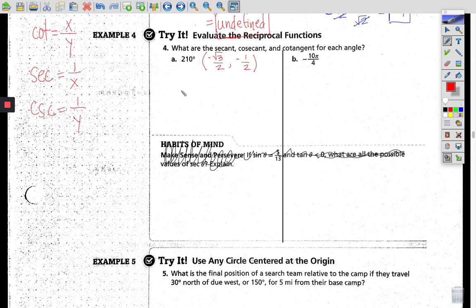All right, secant of 210 degrees is 1 divided by x. 1 divided by x. Well, we change it to multiplication. Y'all remember what we do to our fraction? We flip it, right?